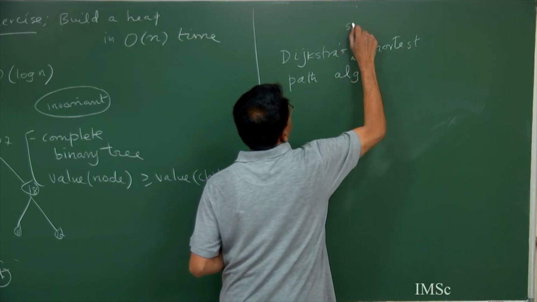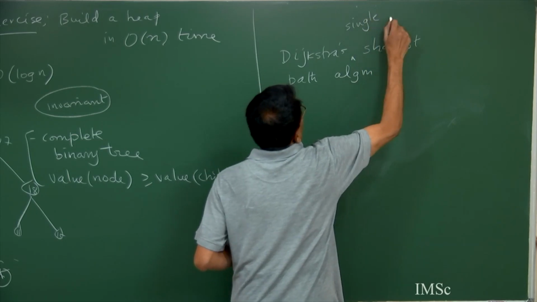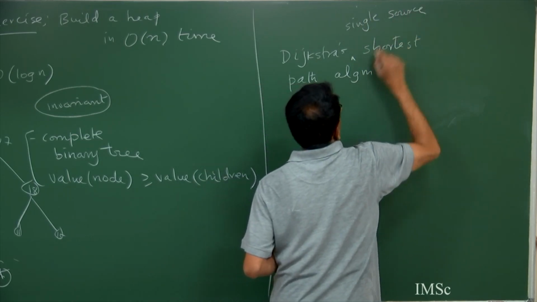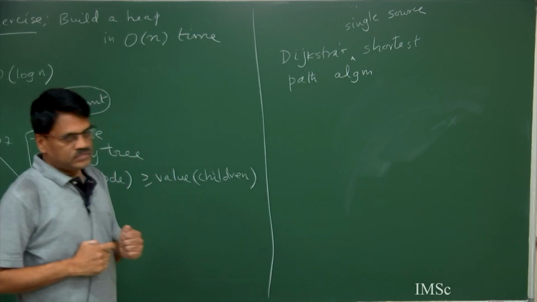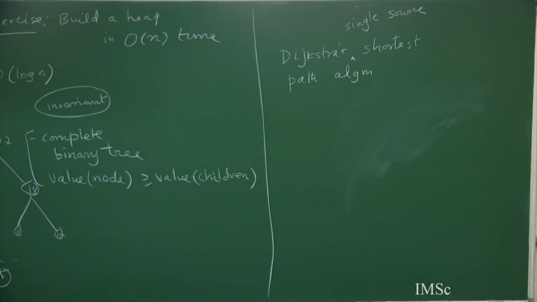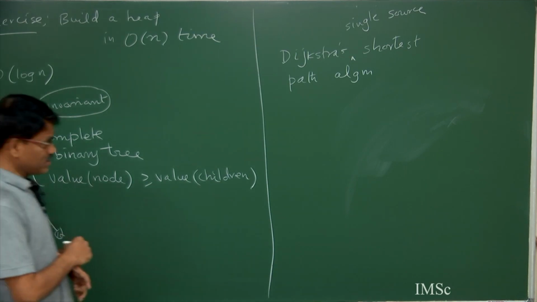So it's a single source problem. You have a directed graph, with non-negative weights on the edges, and a specific source vertex S. The goal is to find the shortest path from S to every other vertex. So how does the Dijkstra shortest path algorithm work?